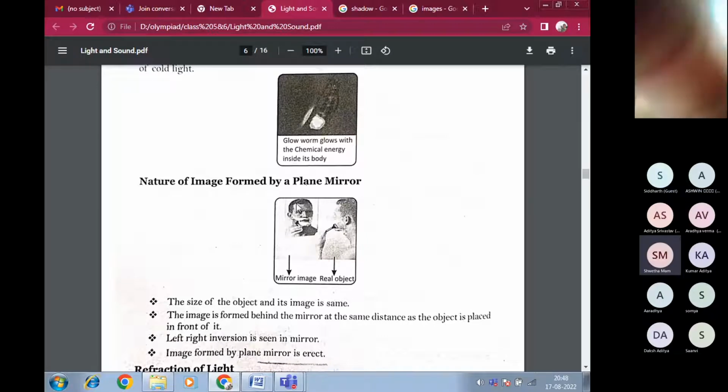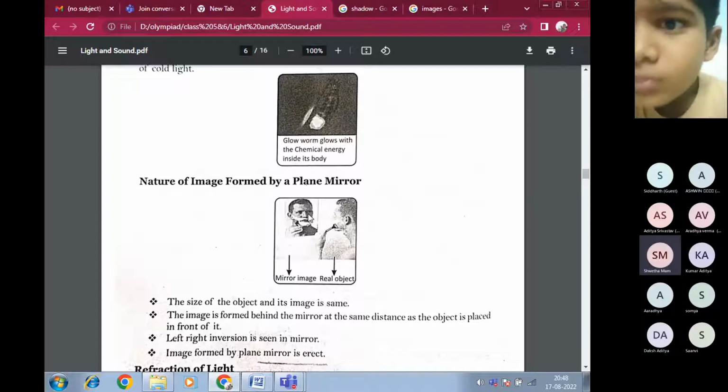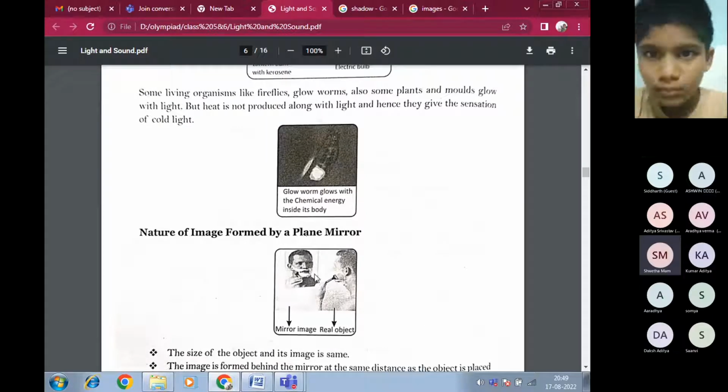This image is giving all the details which is coming on the plane mirror. The image will give you all the details. Not only your face, if you put your hand also, the image will give you all the details.